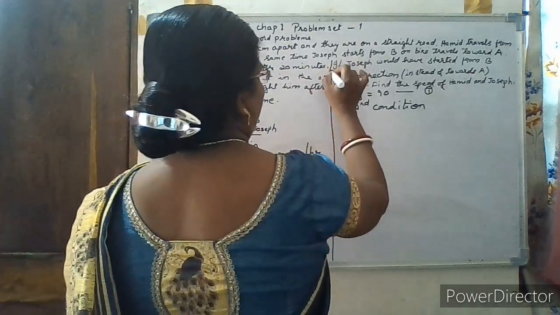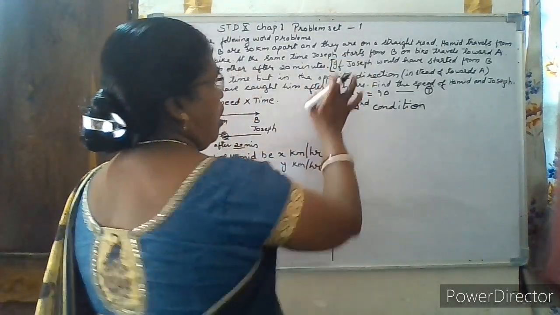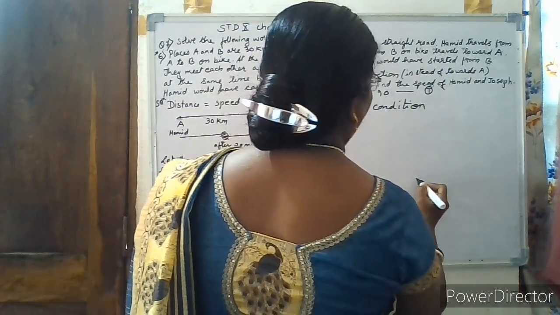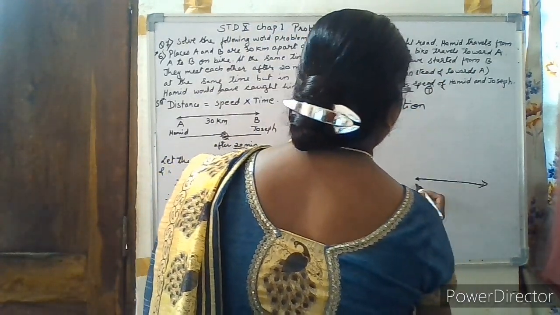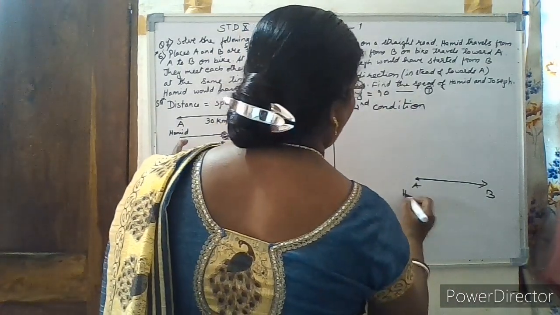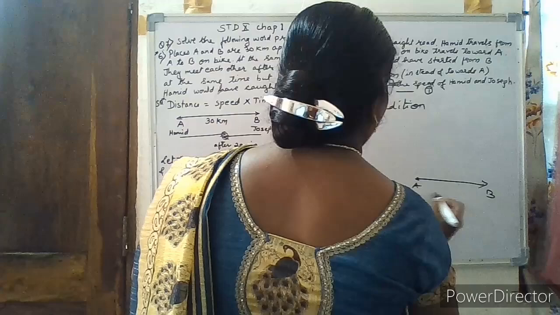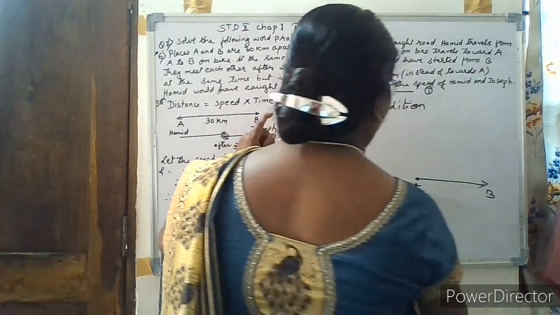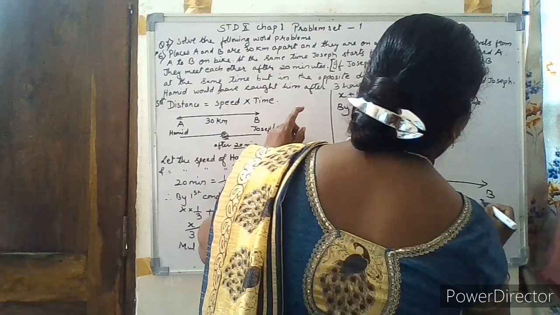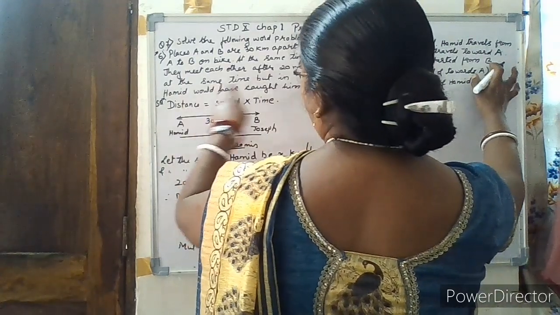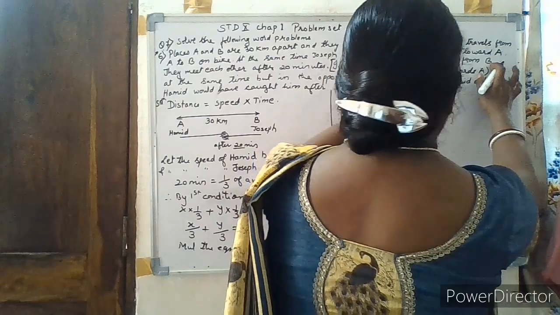Again I'll draw the figure here, A and B. Joseph starts from B at the same time but in the opposite direction.